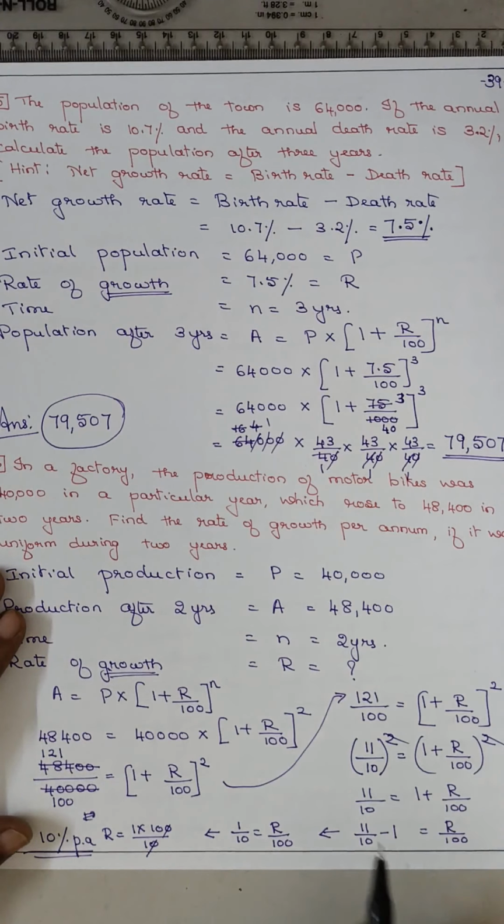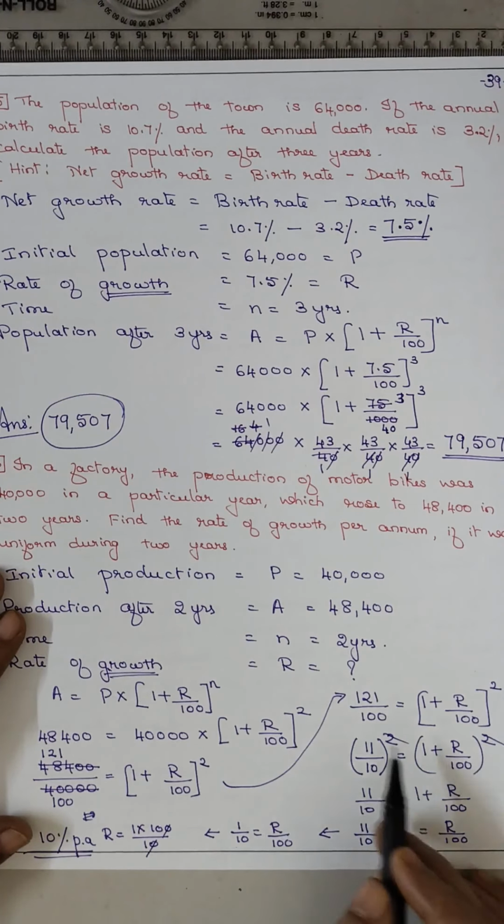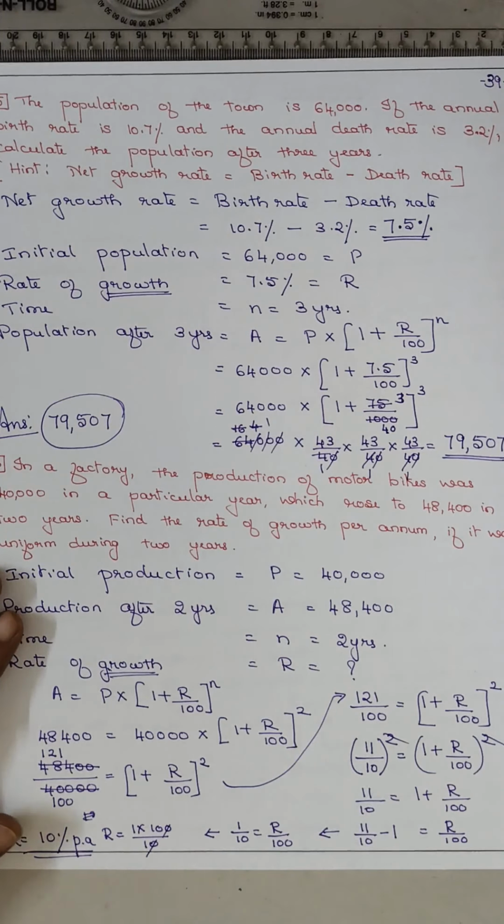That means 11 upon 10 minus 1 is equal to r upon 100. So when you subtract, it will be 11 minus 10 because the denominator is 10. So 1 becomes 10 upon 10, that is why 11 minus 10 it will be 1 upon 10 is equal to, right side, r upon 100.